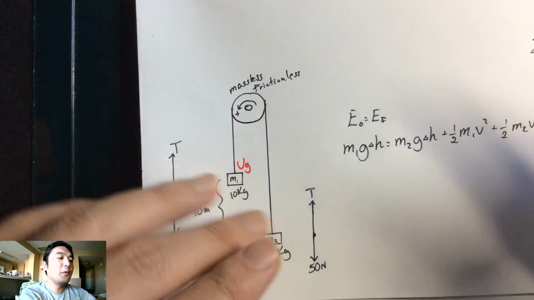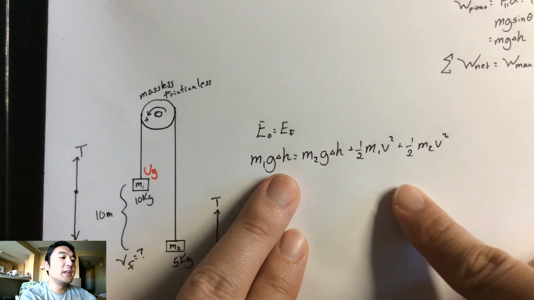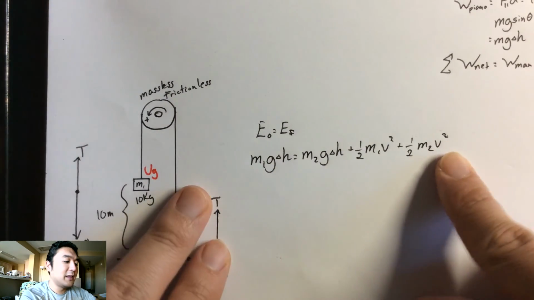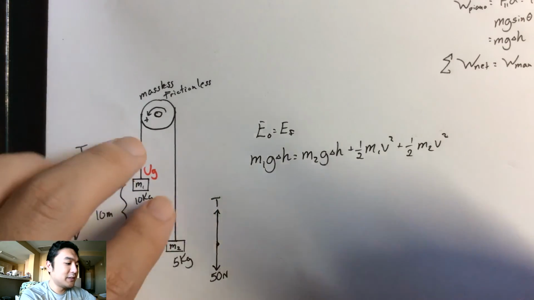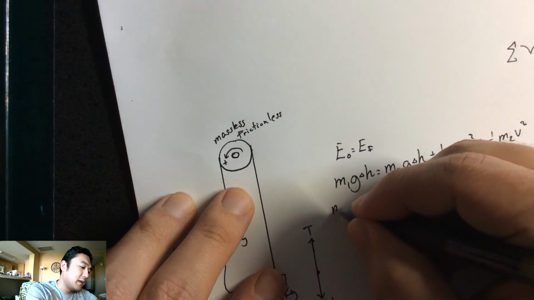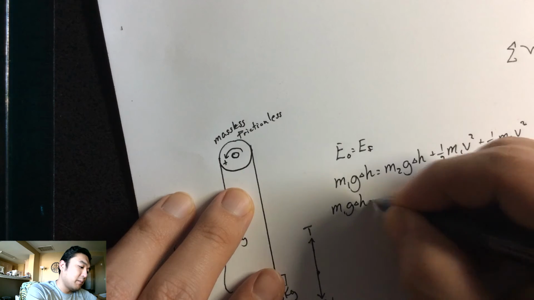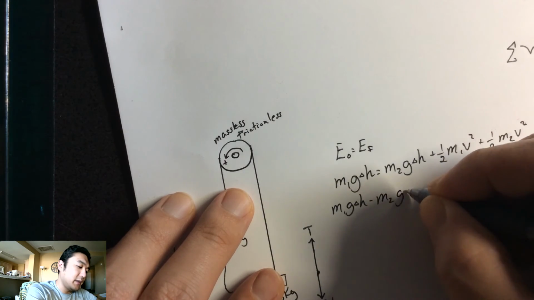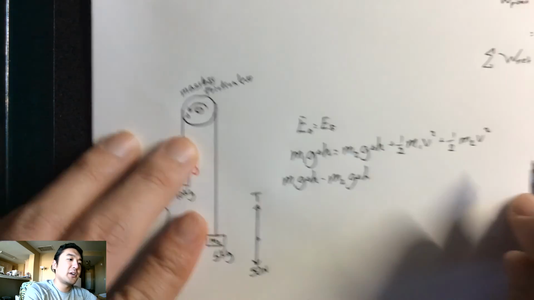So looking at this, if we want to figure out the final velocity, then we're just going to have to move everything else over. So let's take the M1 g delta h minus M2 g delta h. Let's move that over by subtraction.